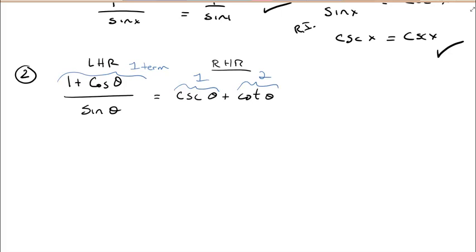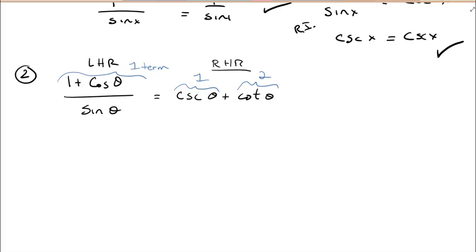We're going to look at the 1 term on the left-hand side and see if we can split it into 2 terms. Now, what allows us to split? Because while sometimes it's easier to bring terms together with a common denominator, other times it might be easier to separate. So what I want to do here is separate.